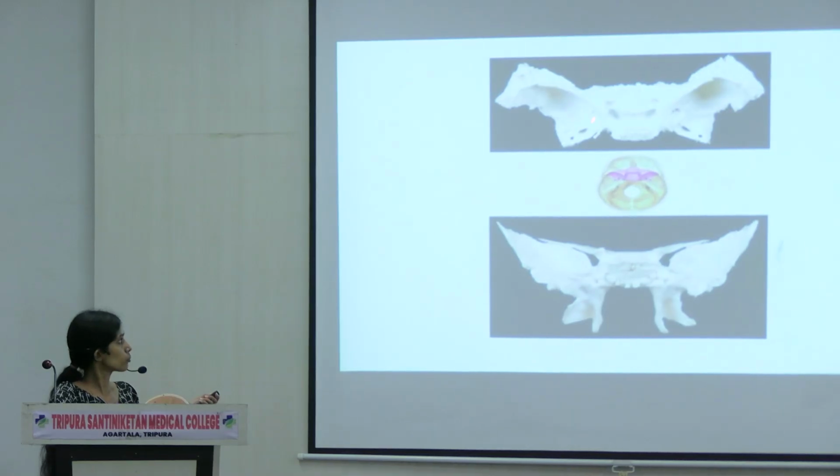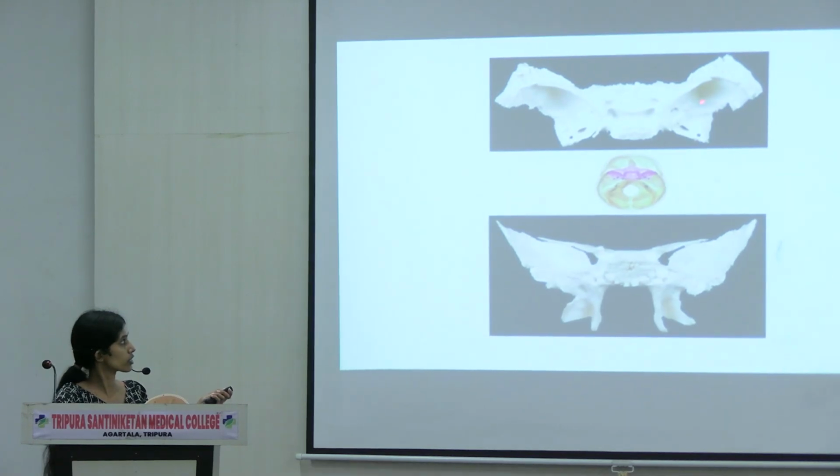This part we call the body of the sphenoid. So this is the body and this is also the body of the sphenoid. We have two wings in the sphenoid bone, greater wing and lesser wing. This structure you are seeing here is the greater wing and this small structure is the lesser wing.